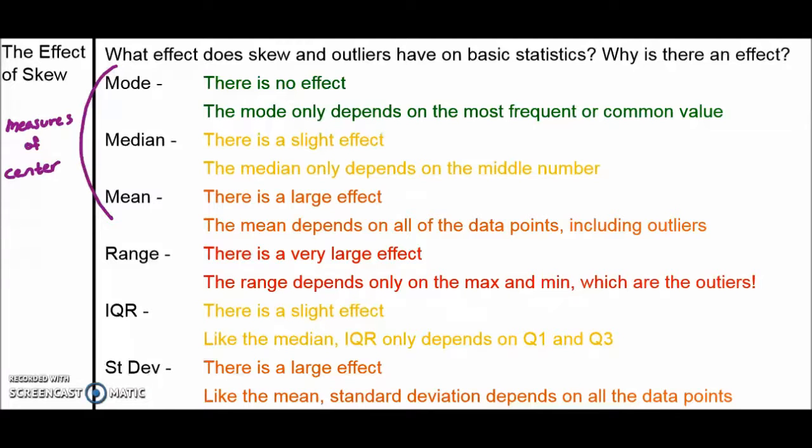The standard deviation has a similar but more complicated formula that we haven't really gotten into, but trust me on this one, because it takes into account all the different data points, there's a large effect from adding those 2 extra outliers or skew. So it seems like of our 3 measures of spread, adding those 2 extra data points had the biggest effect on the range and the smallest effect on the IQR, with standard deviation kind of somewhere in the middle.